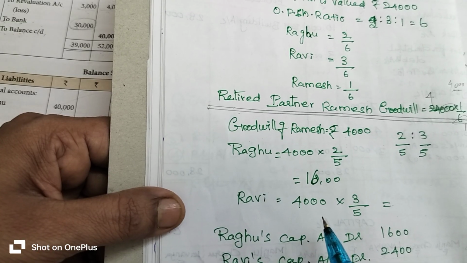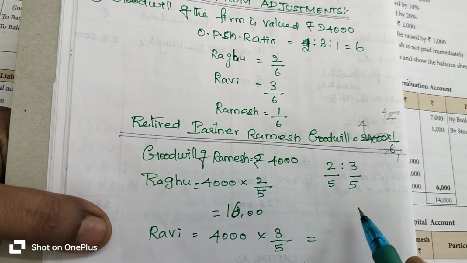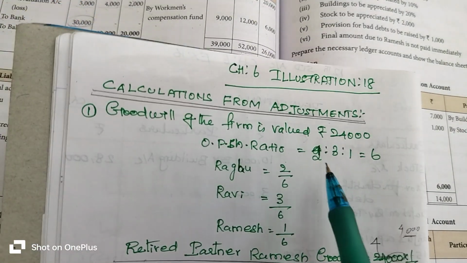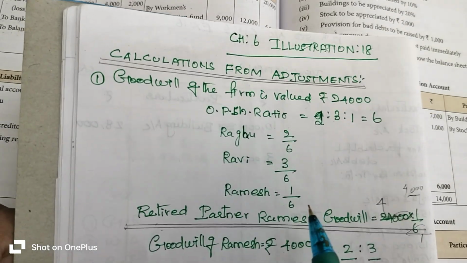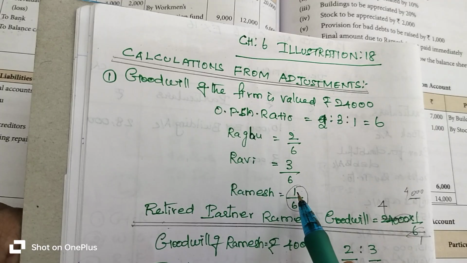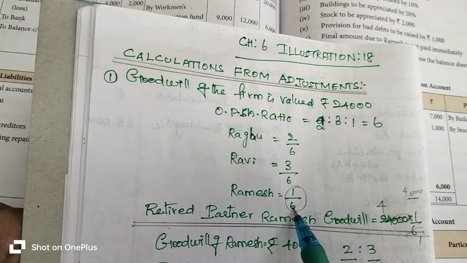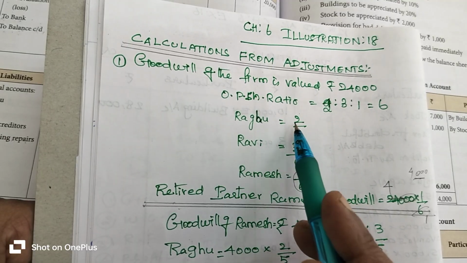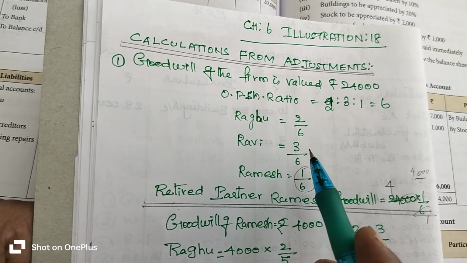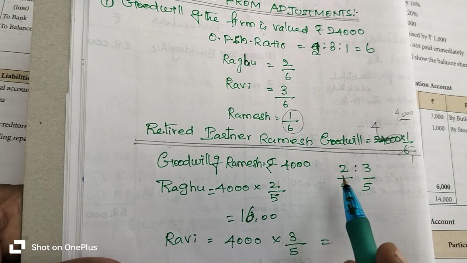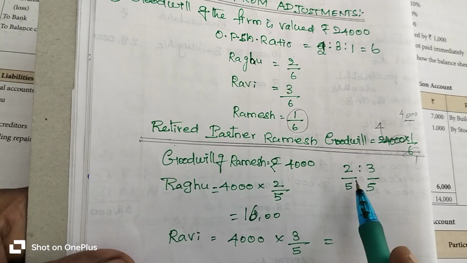What is their profit sharing ratio after Ramesh retires? Listen, the old profit sharing ratio is 2:3:1. Now Ramesh has retired from the partnership firm, so we do not consider the old profit sharing ratio. Then only we have to take the new profit sharing ratio, that means the continuing partners' profit sharing ratio.